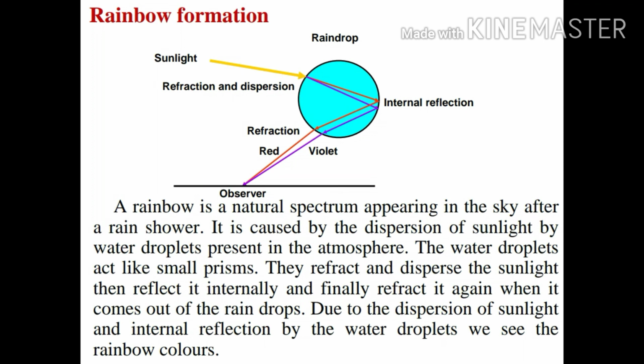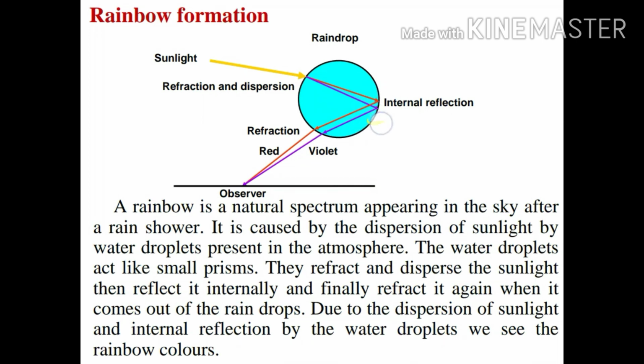So we have seen which phenomena are taking place. Number one, refraction of light takes place because the ray of light is going from air to water. Secondly, dispersion of light takes place because it gets separated into its component colors.